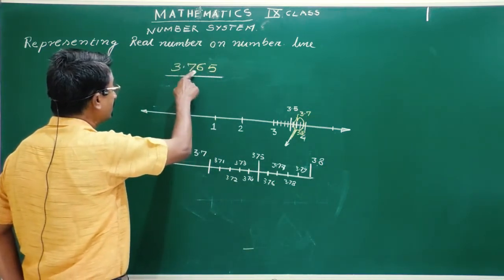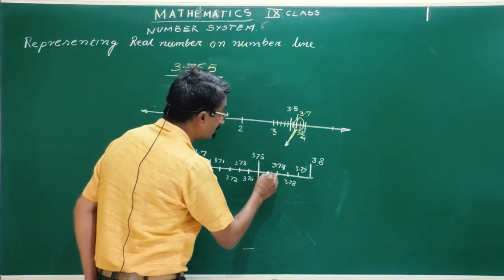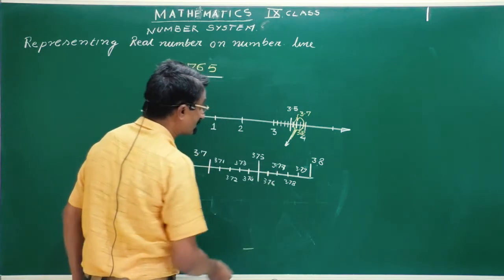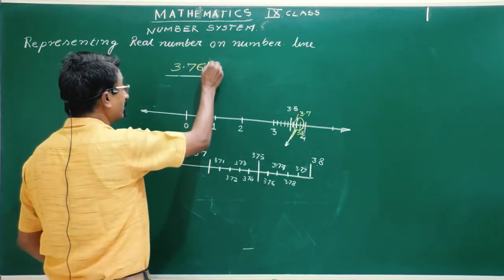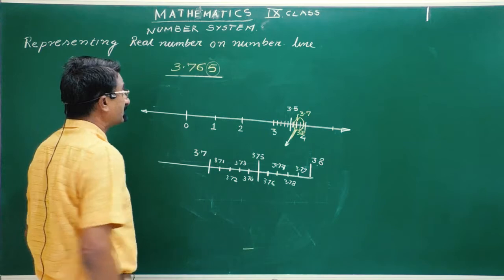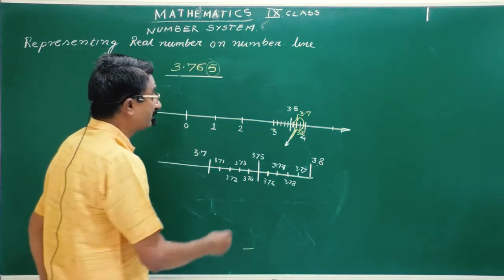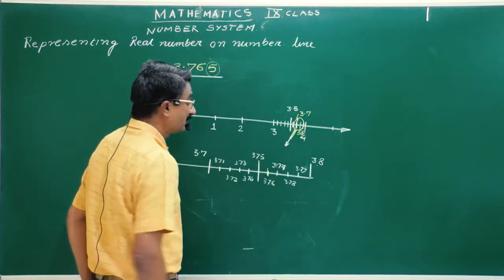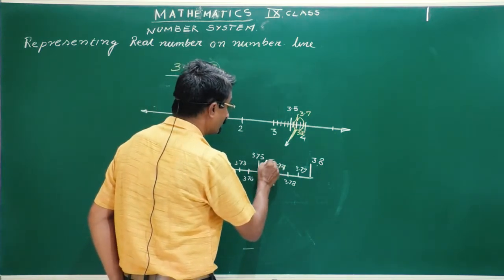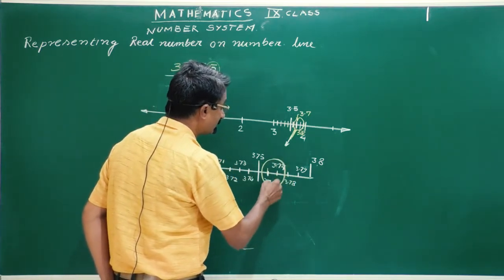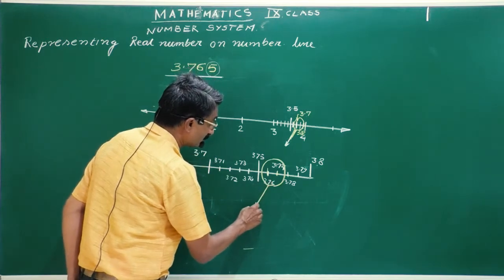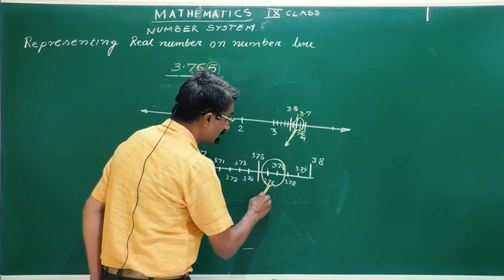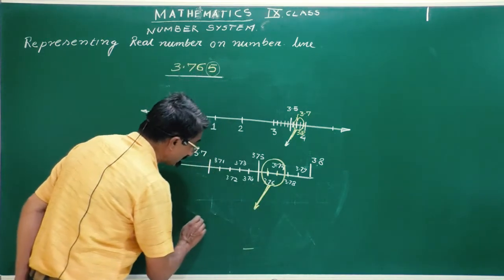We need 3.76. So this is the place, 3.76. Now, the third place of the decimal is 5, means this is lying in between 3.76 and 3.77. So again we have to magnify this one portion. So you can magnify again.